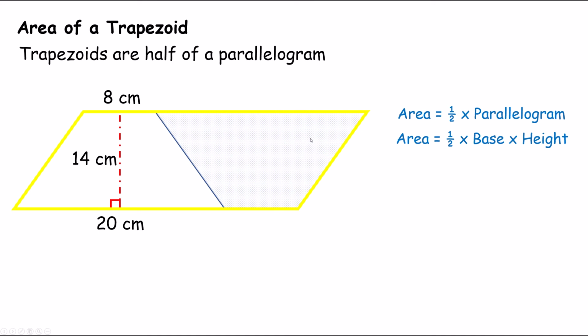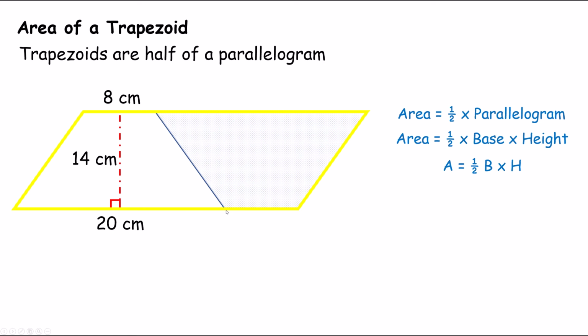In the case of our trapezoid, when I come up with my formula, 1/2 times b times h, it's important for me to recognize that the base of my parallelogram is not the same as the base of my trapezoid. The base of my trapezoid was only 20 centimeters.